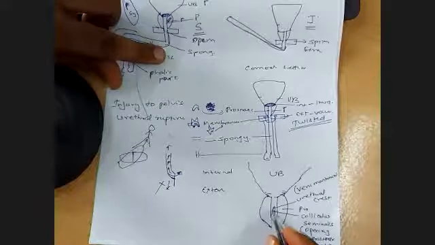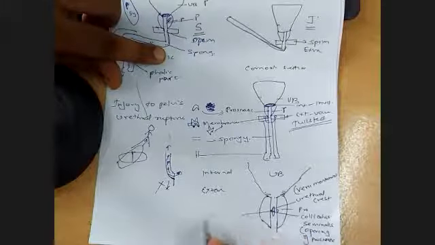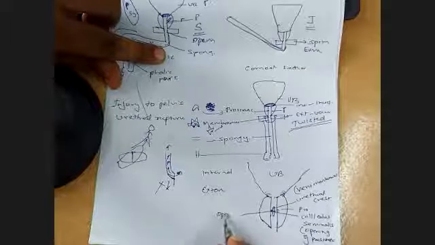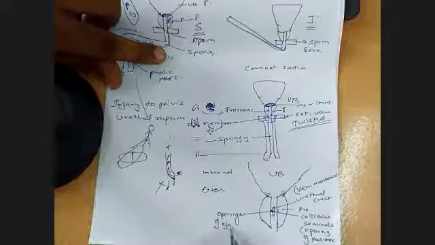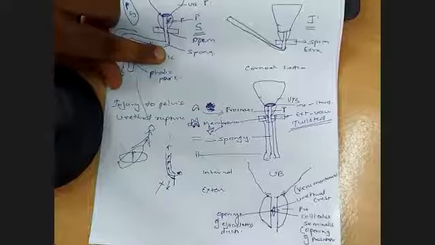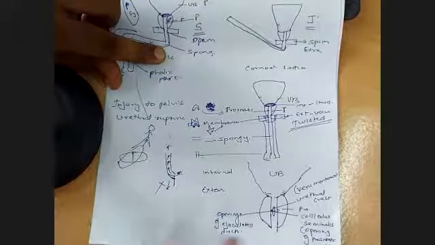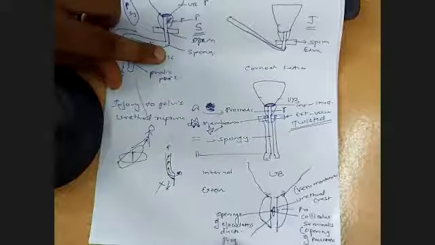Then just on the sides of this are the openings of the ejaculatory ducts. Then the space by the side is called the prostatic sinus.